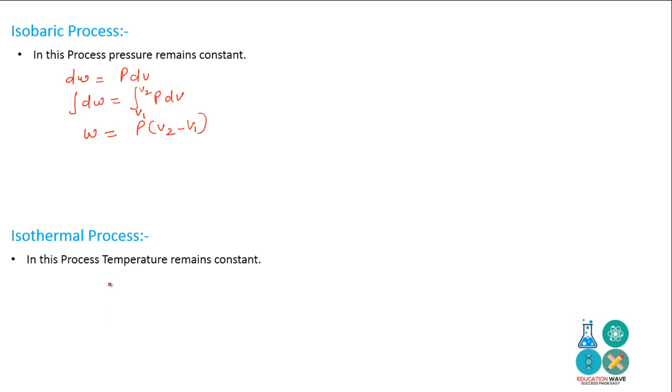Mathematically, we know that PV is equal to nRT, so PV is equal to constant, because in the isothermal process temperature remains constant. So we write that P1 V1 is equal to P2 V2.